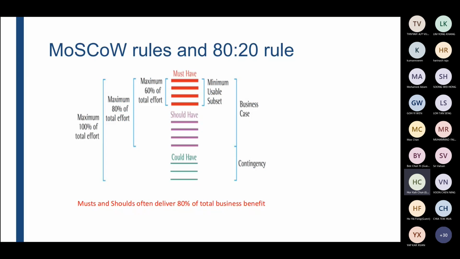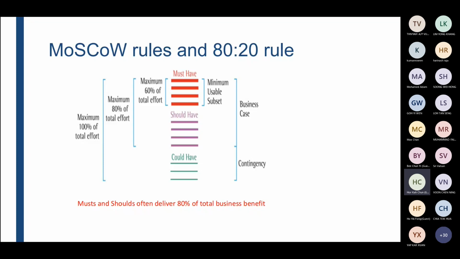Okay, let's take a look at the next slide before we take a short break. What we call MoSCoW rules and the 80-20 rule. I'm very sure many of you are aware of the 80-20 rule. It is used in many areas, many industries, many sectors. It is the same here, we use it in our task prioritization.